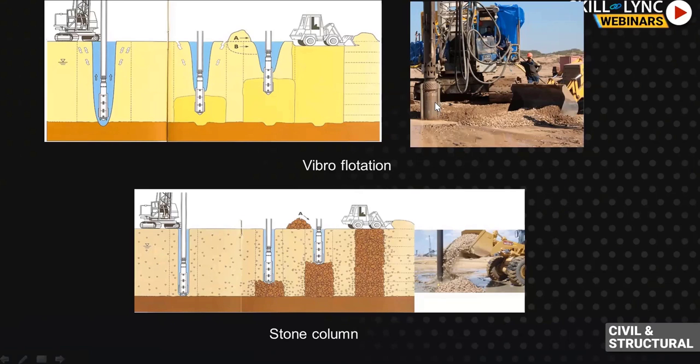With the vibration itself, it gets self-compacting. They insert this long tube to your desired depth, suppose this is the depth where you have to improve your ground. They inject the tube till that depth and make a hole. With the pressure of water, your soil particles will try to escape. Then you come with your good bearing material and replace it with the good bearing stratum.